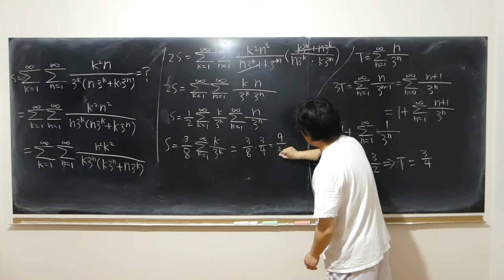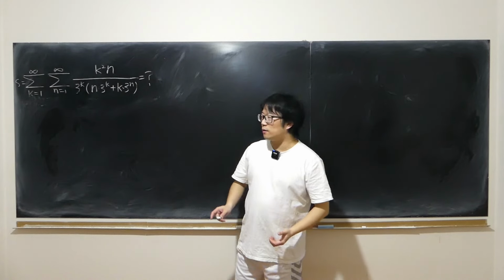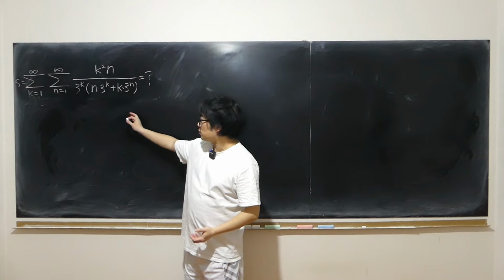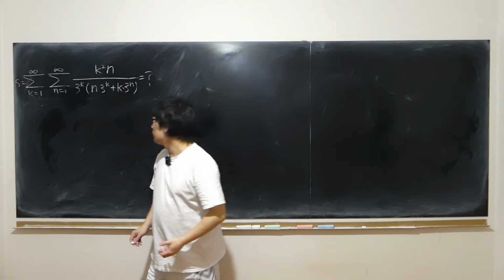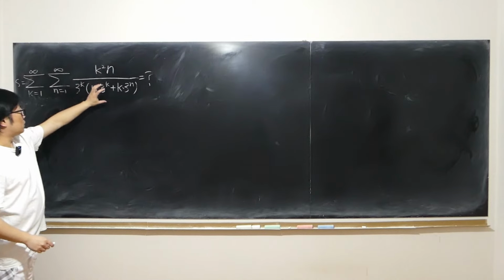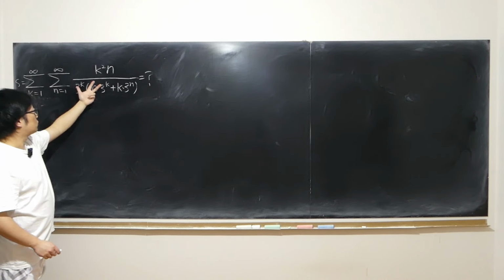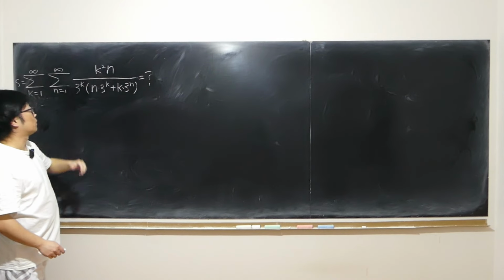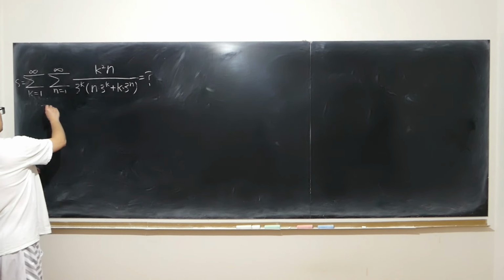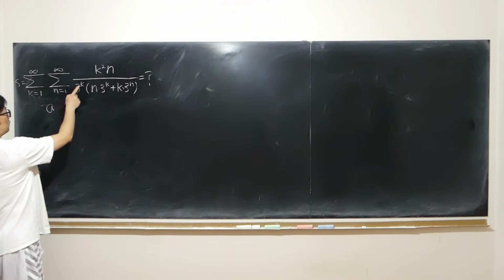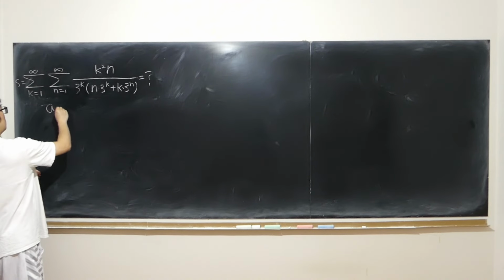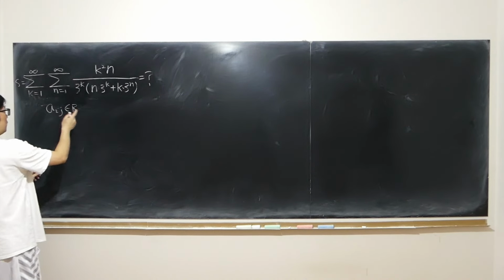9 over 8. Now let me justify why we can interchange the summation. When you look at the summand, you can treat it as a function of two variables, which happen to be natural numbers. Then we can denote it as a_kn or a_ij, the same thing, real numbers.